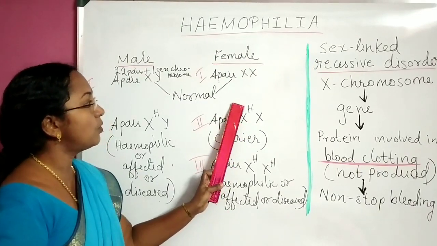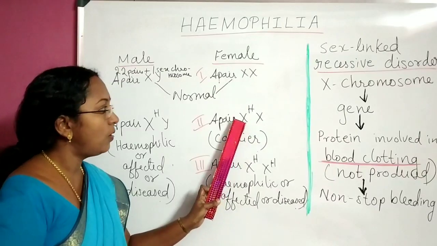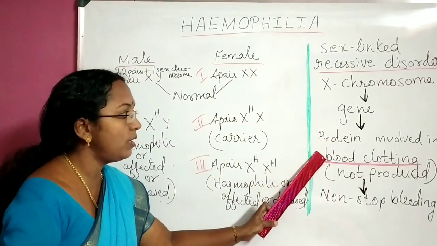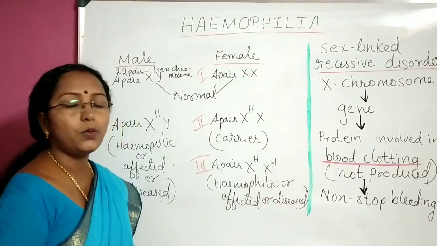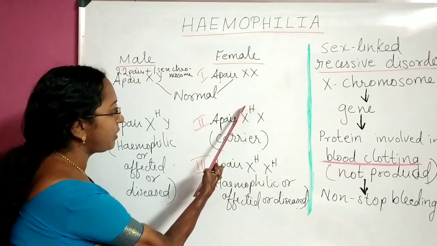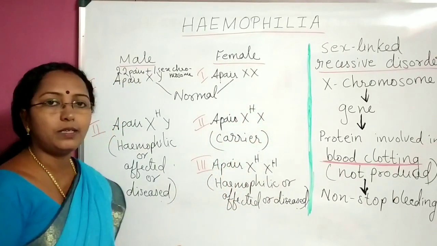One X chromosome is not producing the gene, or does not have the gene which produces the protein for blood clotting. That is, one X chromosome is affected. But look at the other X chromosome. This is normal.